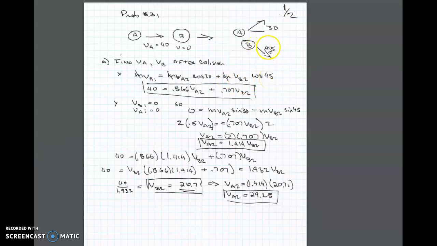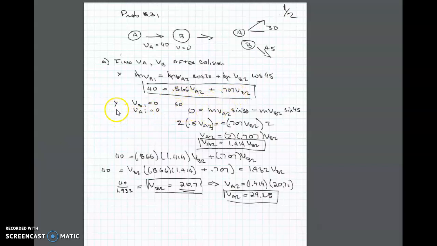You can divide out all the masses because they're on both sides of the equation, and you end up with this equation. At this point, you could divide both sides and solve for V_B2 in terms of V_A2.